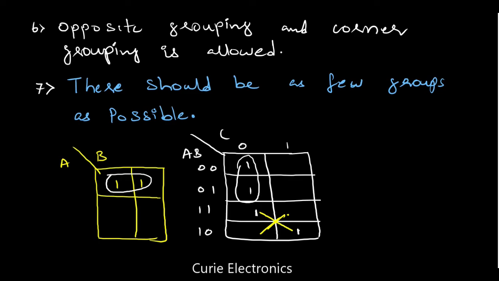Then what about a quad? A, B, C, 0, 1, 0, 0, 0, 1, 1, 0, 1, 1.